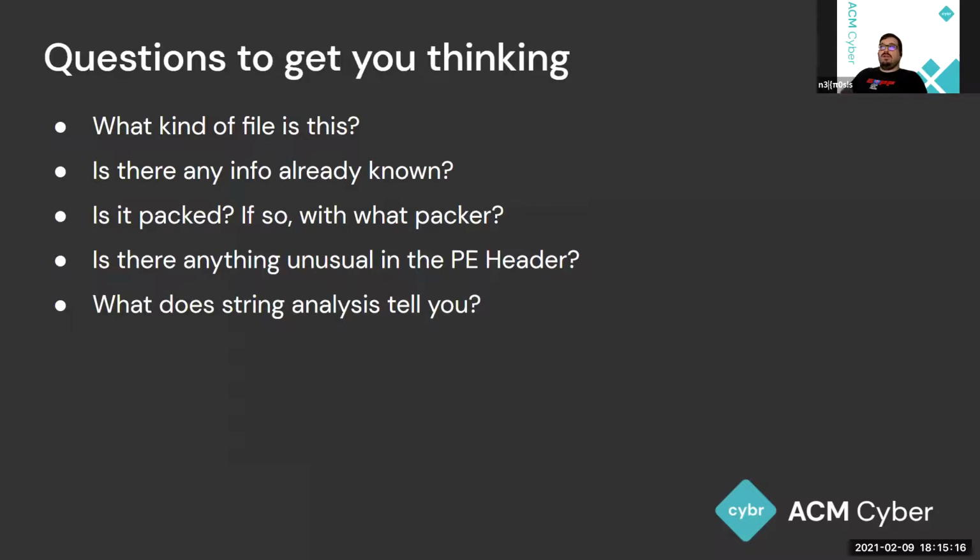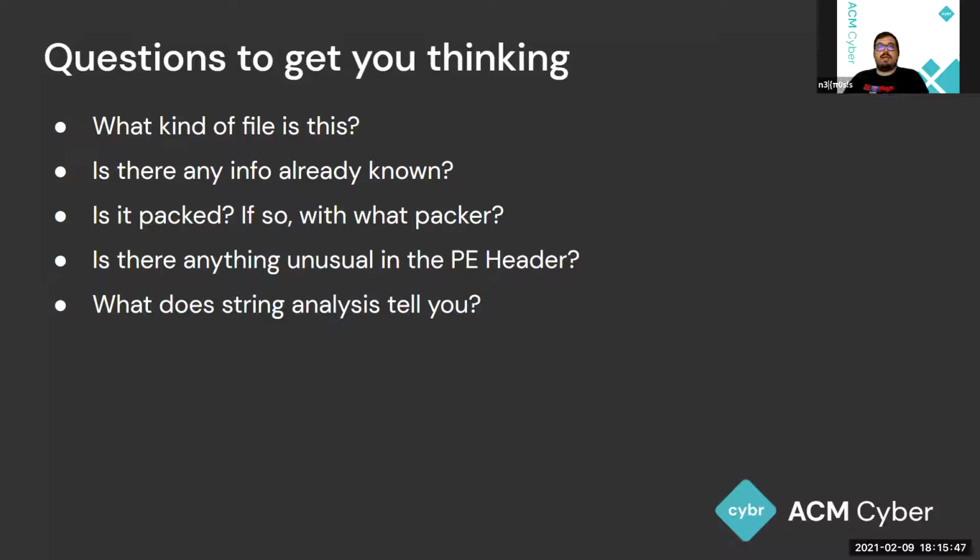All right, so here are some questions for you all to start thinking about, and also what any investigator might want to think about when doing this kind of analysis. What kind of file are we looking at? Is it a Word doc? Is it an executable? Is it an Excel file? Is it an email, an HTML file? Is there any info already known? When you receive it, do you already have an intuition of what it might be?